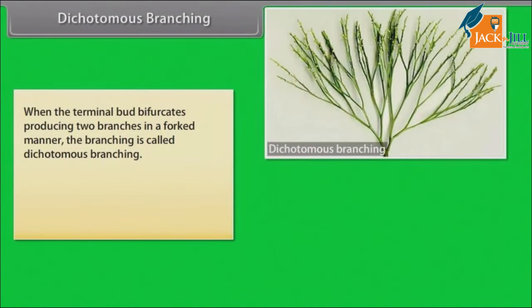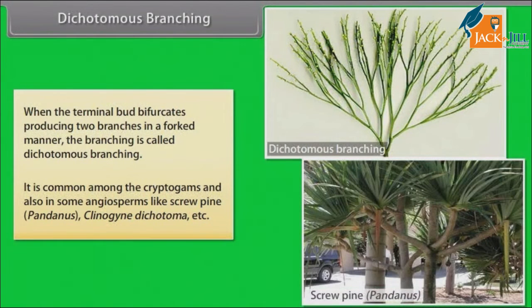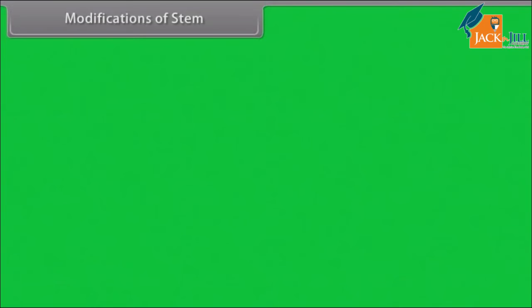Dichotomous branching. When the terminal bud bifurcates, producing two branches in a forked manner, the branching is called dichotomous branching. It is common among the cryptogams and also in some angiosperms like screwpine, Pandanus, Clinogyne dichotoma, etc. Modifications of stem.